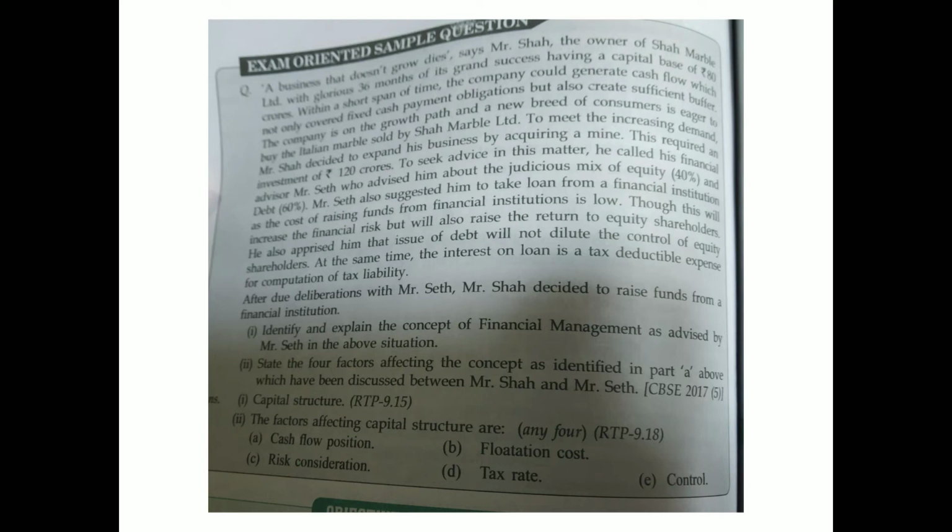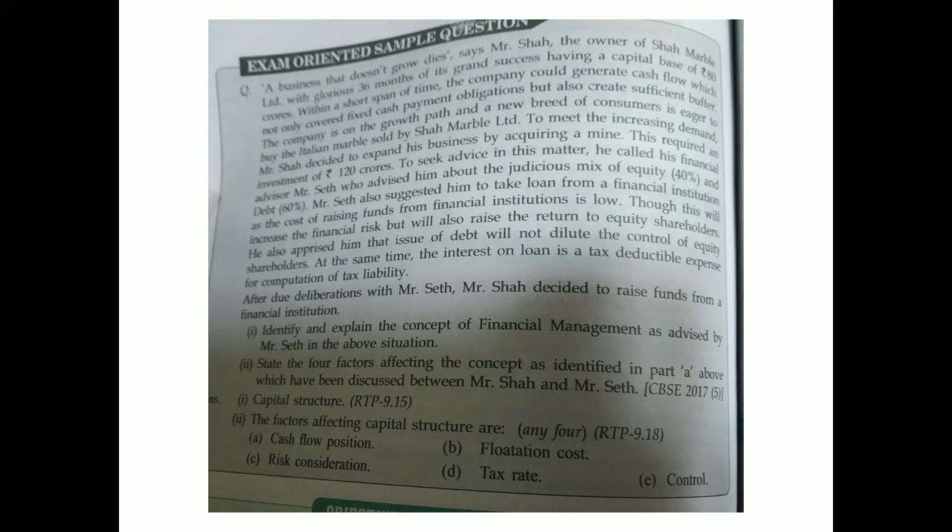Within a short span of time, the company could generate cash flow which not only covered fixed cash payment obligations but also created a sufficient buffer. So from these 4 lines we can say that the company has enough capacity to take further debt, because it is clearly written that they have enough cash to cover their fixed payment obligations, and they have some buffer cash also. It means they have some reserves of cash also.